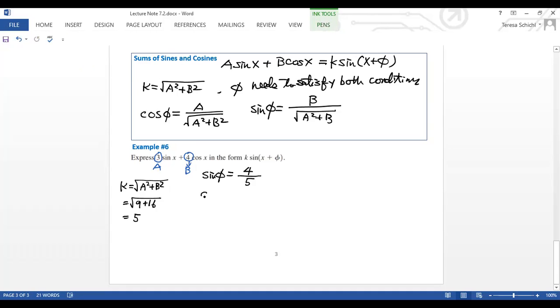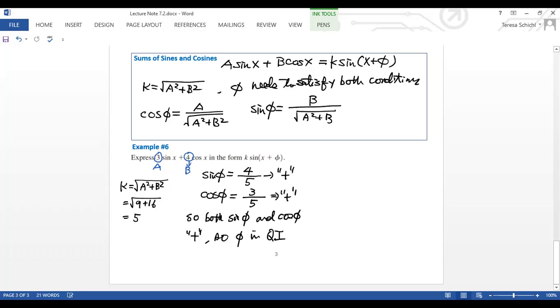And cosine phi is equal to a, so it's 3 over 5. Because both are positive, both sine phi and cosine phi are positive, so phi is in quadrant number 1.